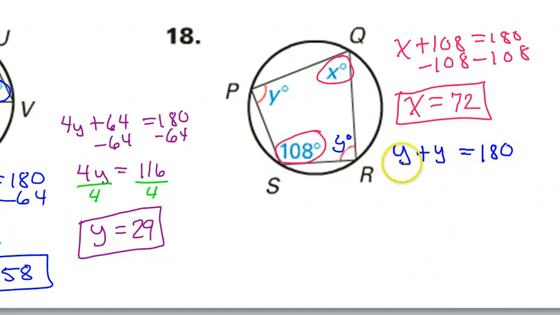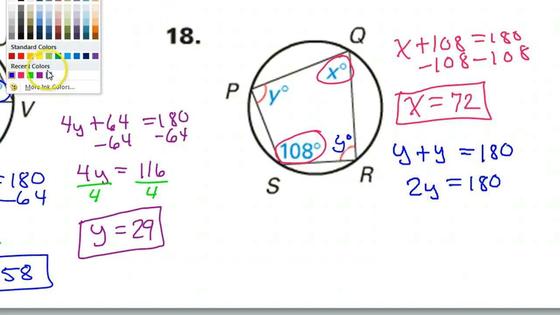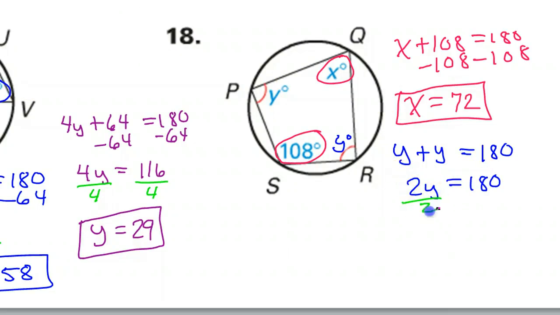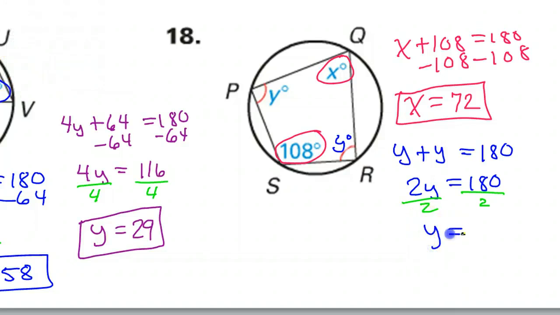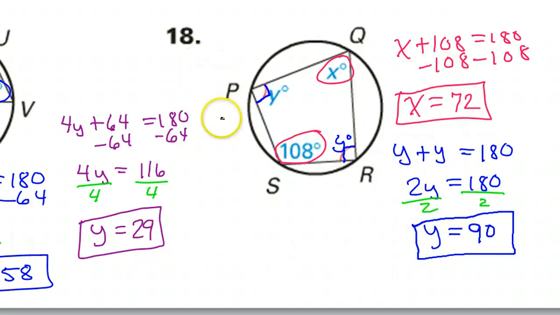We should be able to solve this because y plus y is 2y, and then we'll just divide by 2. So that means y is 90. Interesting. That means these are right angles. I would not necessarily have guessed that. And these are the answers for number 18.